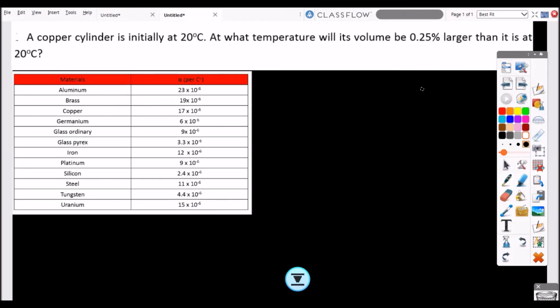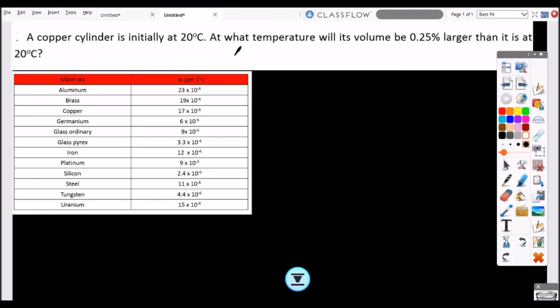So the problem goes this way. A copper cylinder is initially at 20 degrees Celsius. At what temperature will its volume be 0.25% larger than it is at 20 degrees Celsius? All right. So that's 0.25% larger than its initial volume. Initial temperature is 20 degrees Celsius.